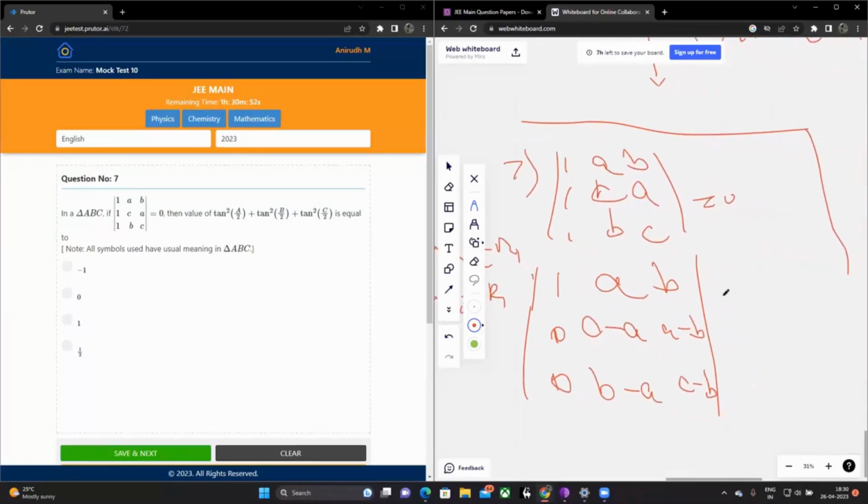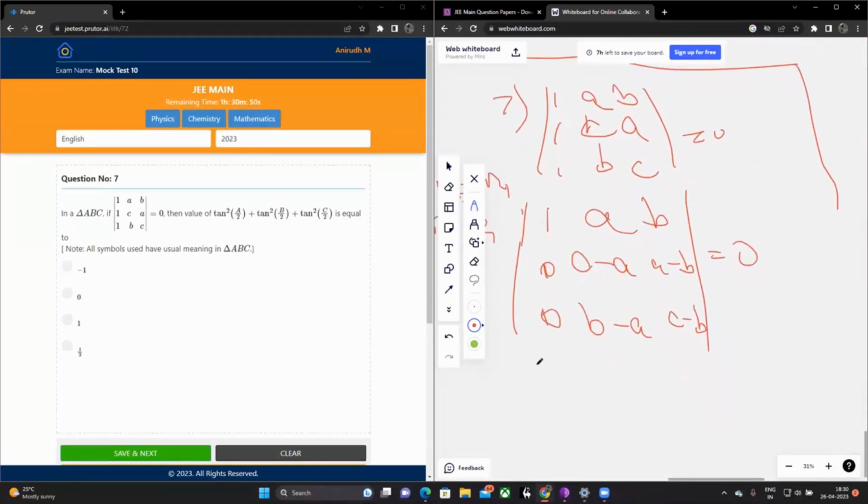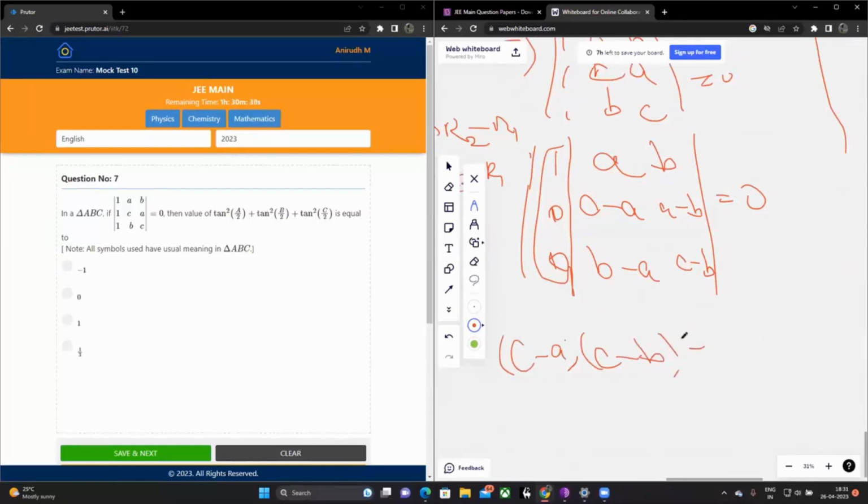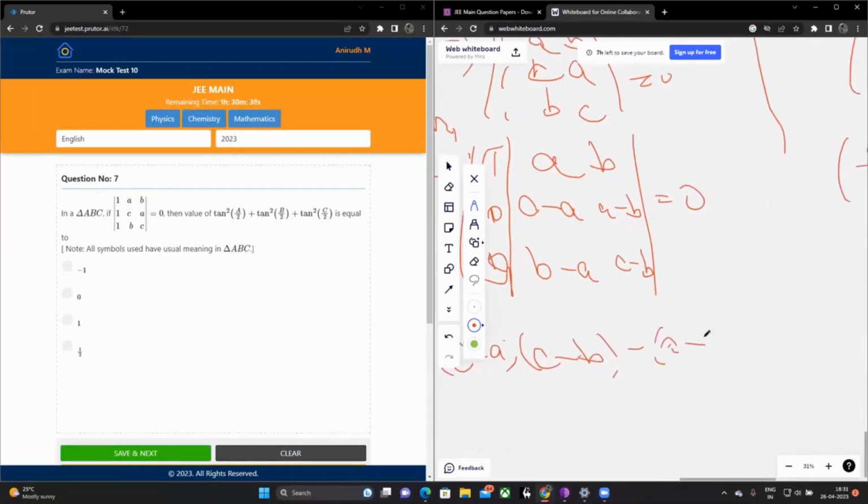This equals 0. And so just expanding this determinant across this column, you get c minus a times c minus b, minus a minus b into b minus a equals 0, right?